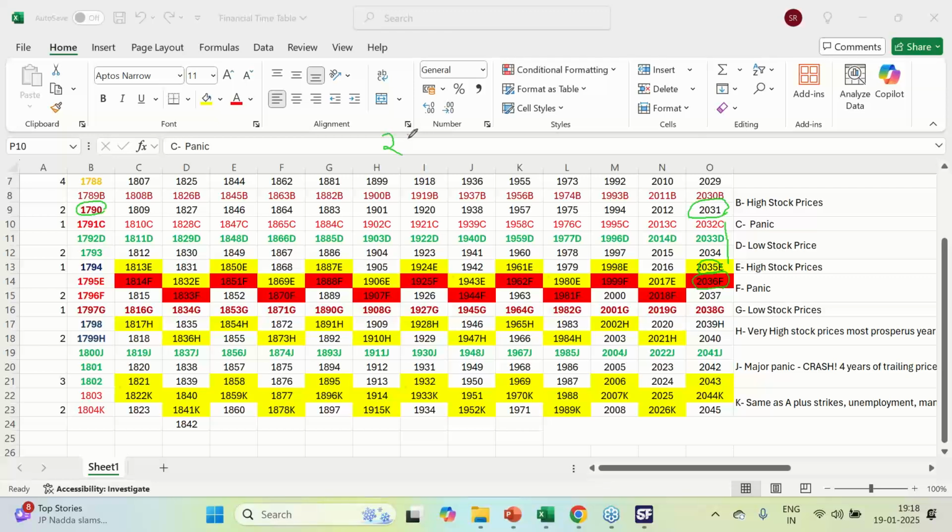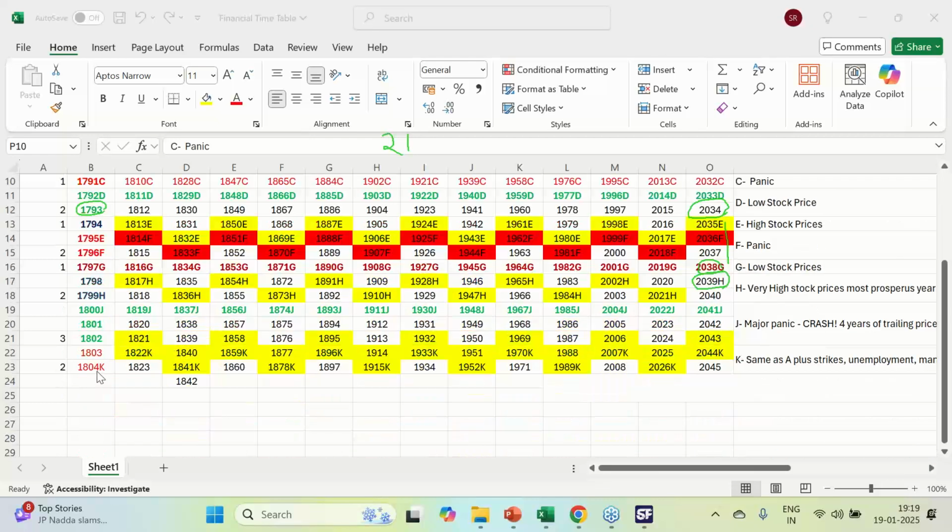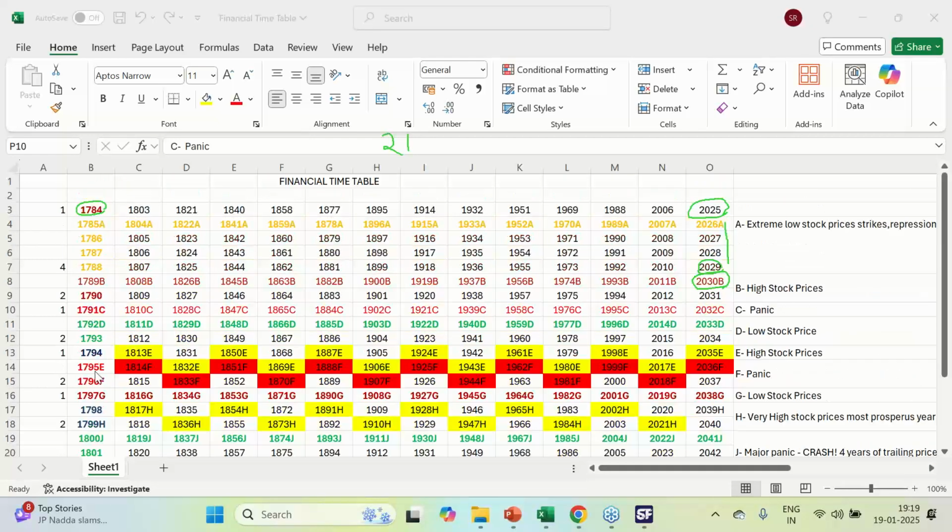We are getting 21. There are 21 numbers in the top-to-down order. If you count all these, that is also 21. If you count from the top, what I just showed you, 1784 to 1804, that is also 21.